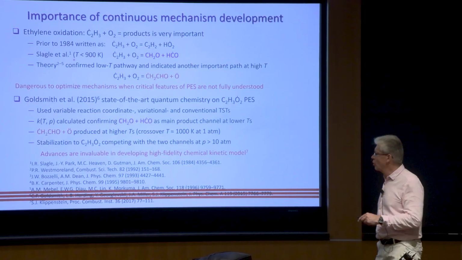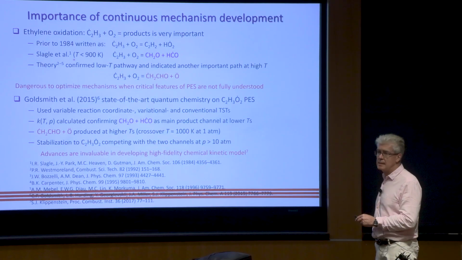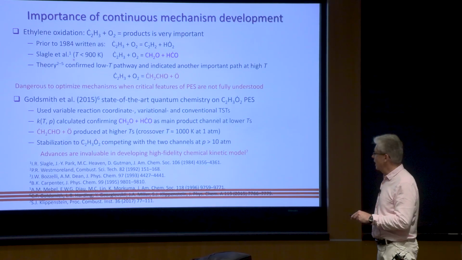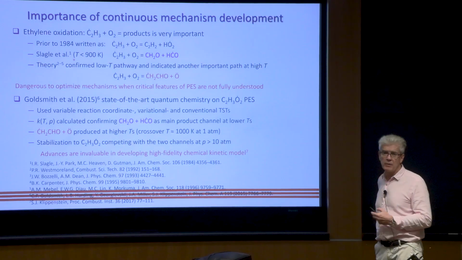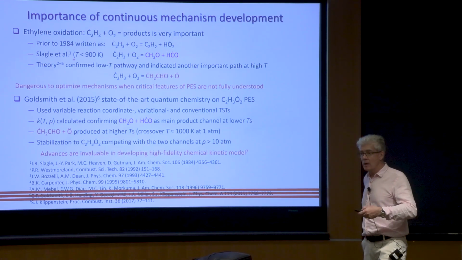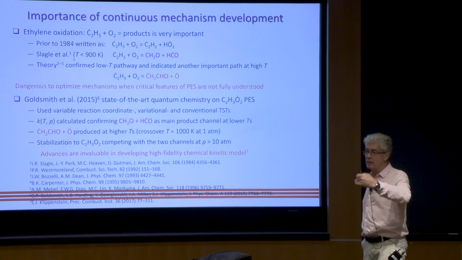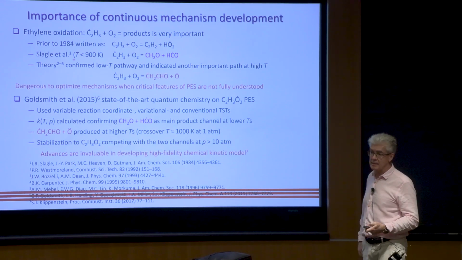But note that actually C2H3 plus O2 stabilizes to C2H3O2 radical at pressures above 10 atmospheres. So having accurate kinetics for the whole system, you can now simulate pressure dependent, higher pressure, and the pressure dependence of the system also.